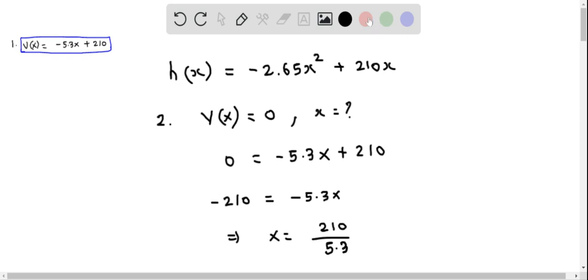Because this negative and this negative, we can cancel them on both sides. So this gets approximately 39.622. So, approximately, we can say that this is 40 seconds.